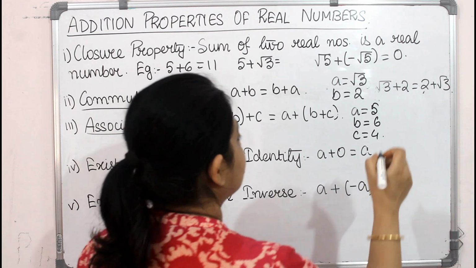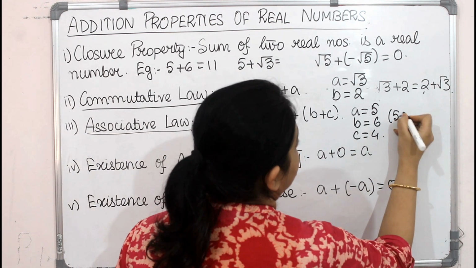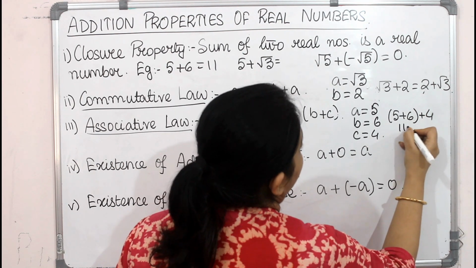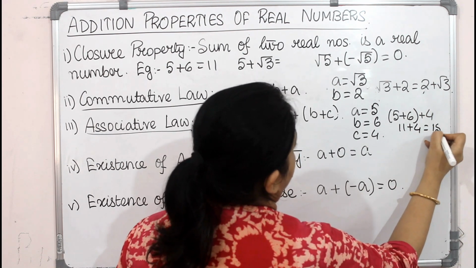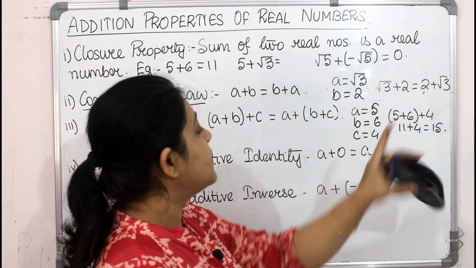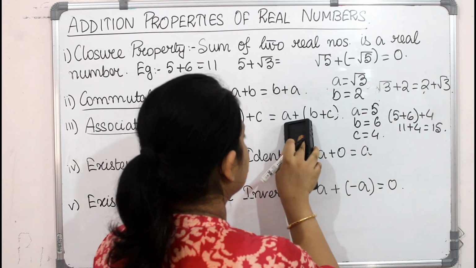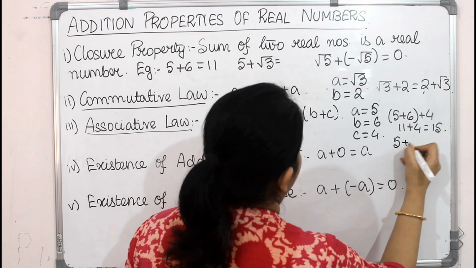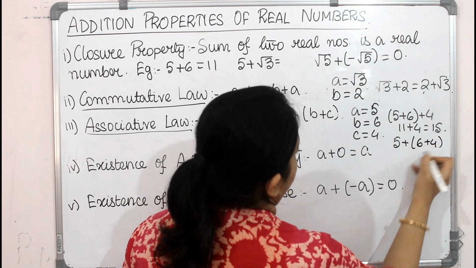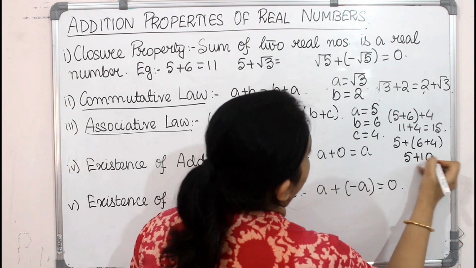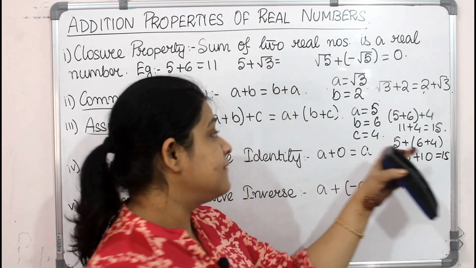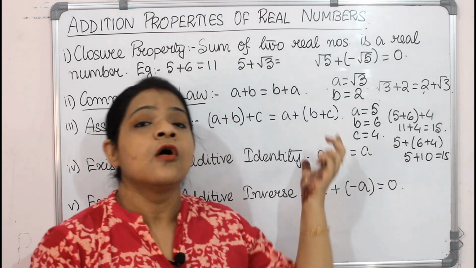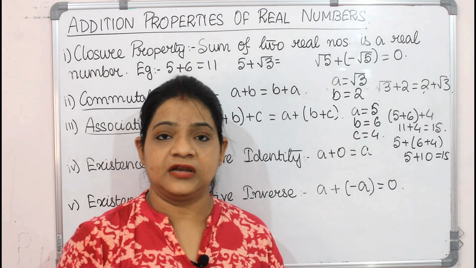So a plus b, that is 5 plus 6, and c is 4, so 11 plus 4 is 15, isn't it? So a plus b plus c, again if we go to the right hand side, so this is 5 plus 6 plus 4, so 5 plus 10 will also give you 15. So this is your associative law. So real numbers also follow associative law.